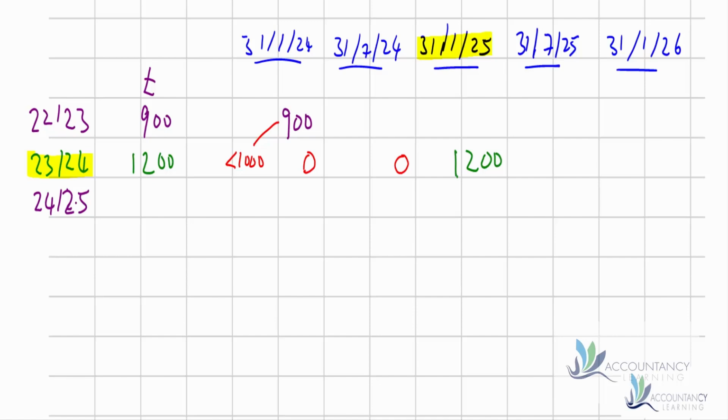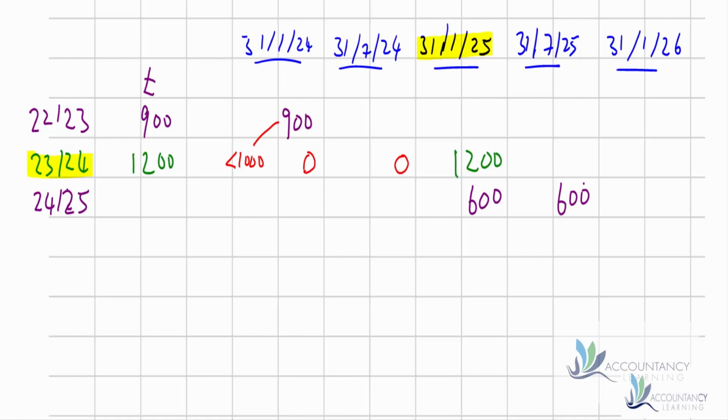So we just need to take that 1,200, divide by 2, and that means on the 31st of January, I'm going to start making payments for the following tax year, even though I don't know how much tax to pay yet. Okay, we don't know what this number is, but it doesn't matter. I'm just going to take half of the 23-24 liability and make a payment towards the following year. And then the second half is going to be paid on the 31st of July following that.